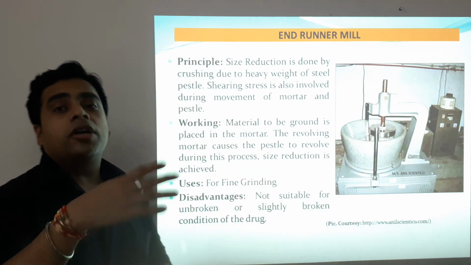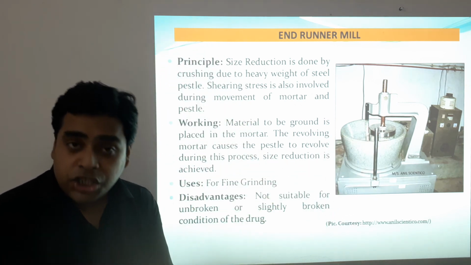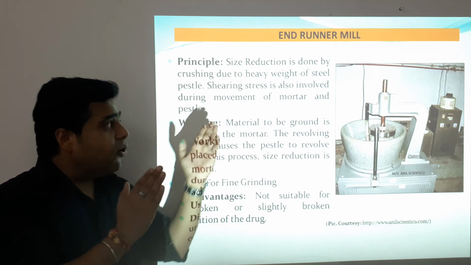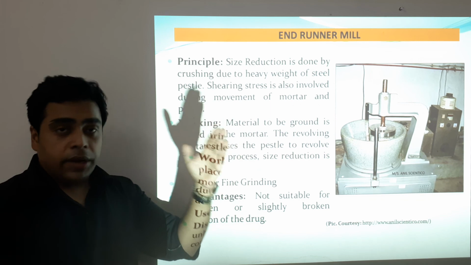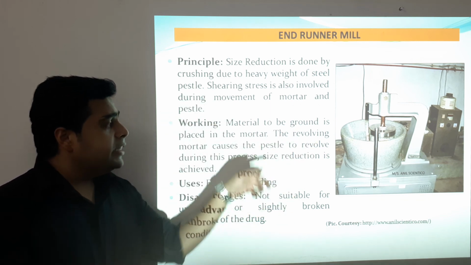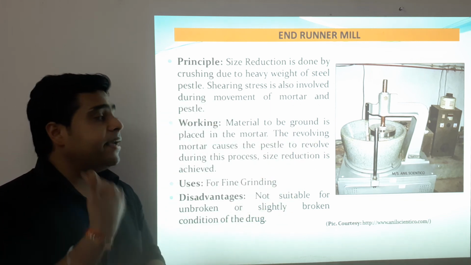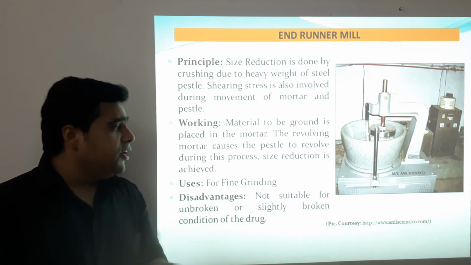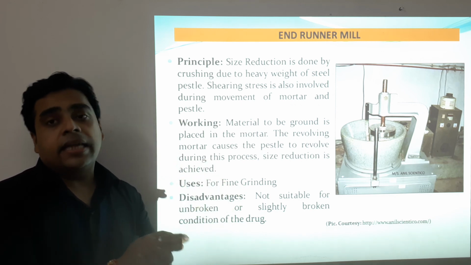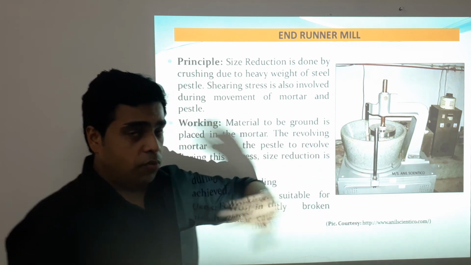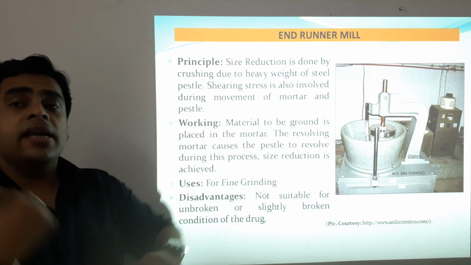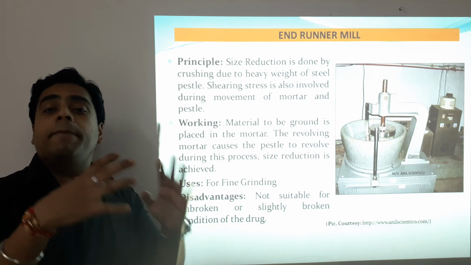Shearing stress is involved during the movement of the mortar and pestle. The material to be ground is kept inside the mortar. The revolving mortar causes the pestle to revolve, and hence we get size reduction. The mortar constantly rotates and this brings about the movement of the pestle as well.